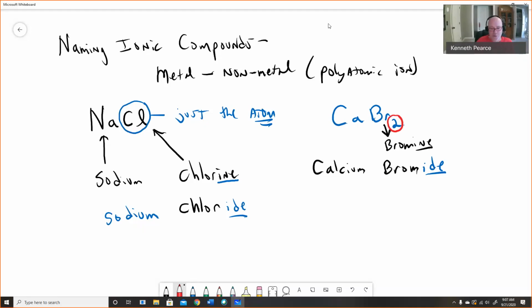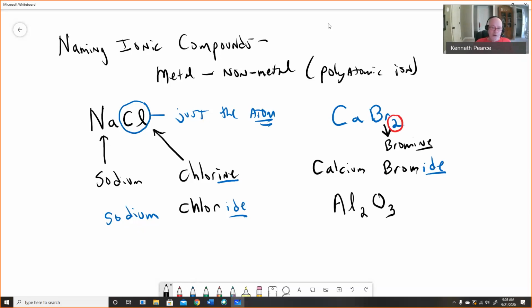So let's take a look at another one. How about we do this compound here, and how would we handle that? Well, first off, aluminum is a metal, and oxygen is a nonmetal. So that means this is ionic, and you have to ask yourself that every time. Do I have an ionic compound, which is a metal with a nonmetal, or a polyatomic ion?